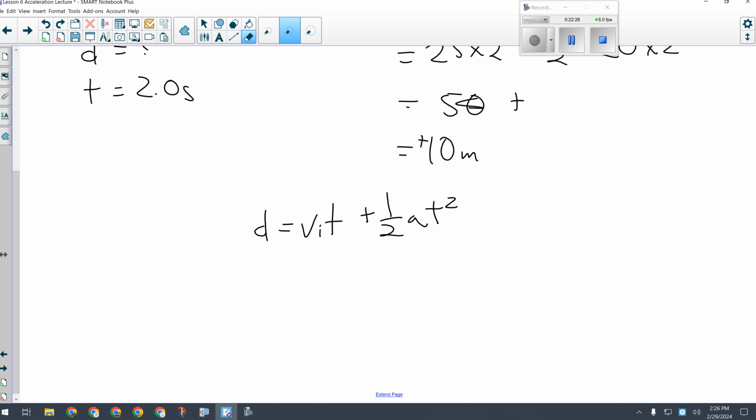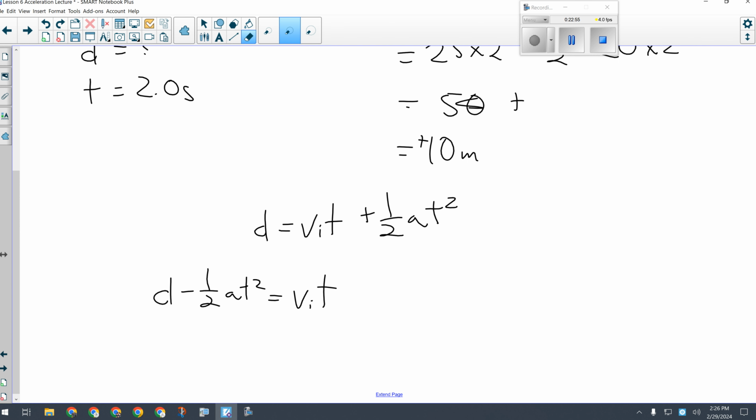Subtract the 1/2 times a times t squared. Yeah, I can take that whole thing over to the other side. Remember, order of operations says I would find out what 1/2 at squared is before I would add it to whatever VI times t is. So I can subtract this whole part of the equation over to the other side together. So d minus 1/2 at squared equals VI times t.